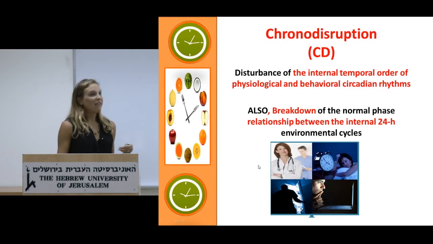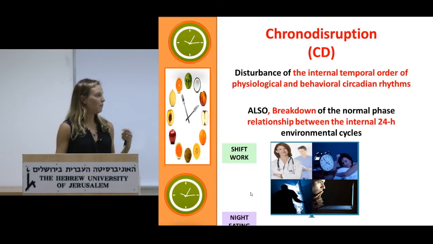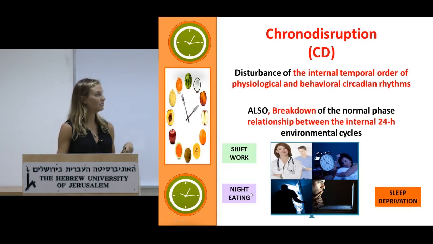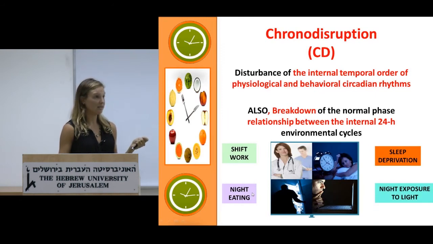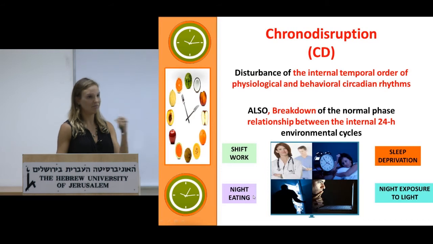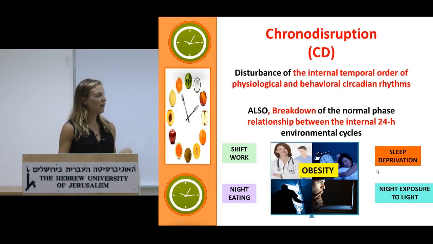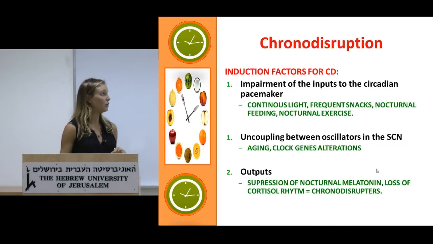This can be caused by very common lifestyles nowadays, such as shift work, night eating, sleep deprivation, and night exposure to light, computers, iPhones, whatever. And all of them make people more prone to obesity. So it's important to take this into account.